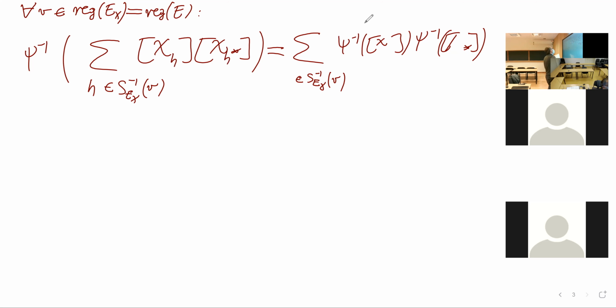I use H to denote an edge. What is important is V. V is fixed, although arbitrary. Okay, you have the same sum, and here you have chi H and chi H star. All right, but remember that this is in the graph X.